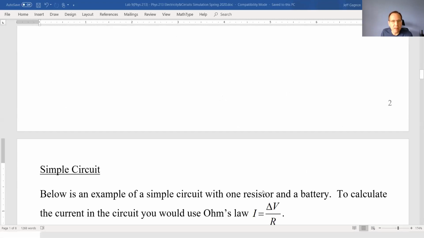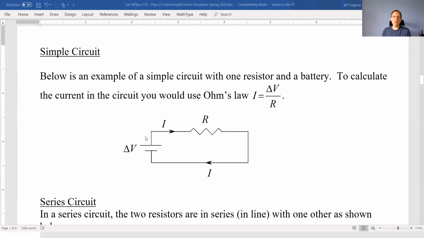So let me see if I have an example here. Okay, here is an example of a circuit. Here's my battery. Remember, the longer line is the positive side, the shorter line is the negative side. So the true current would be the movement of electrons that would be repelled from the negative side and go this way, counterclockwise around this circuit.